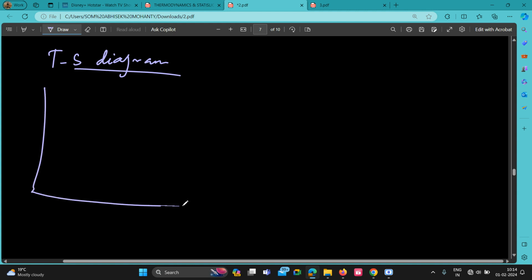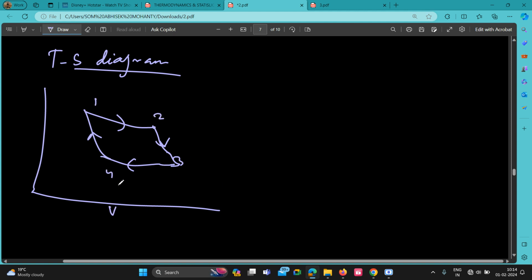Okay, next is the TS diagram. This one is important. What is this? This is a PV diagram actually.